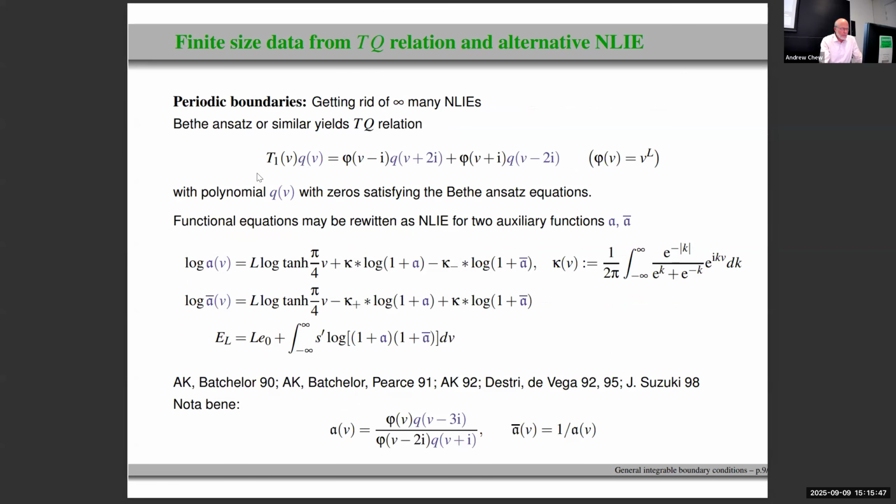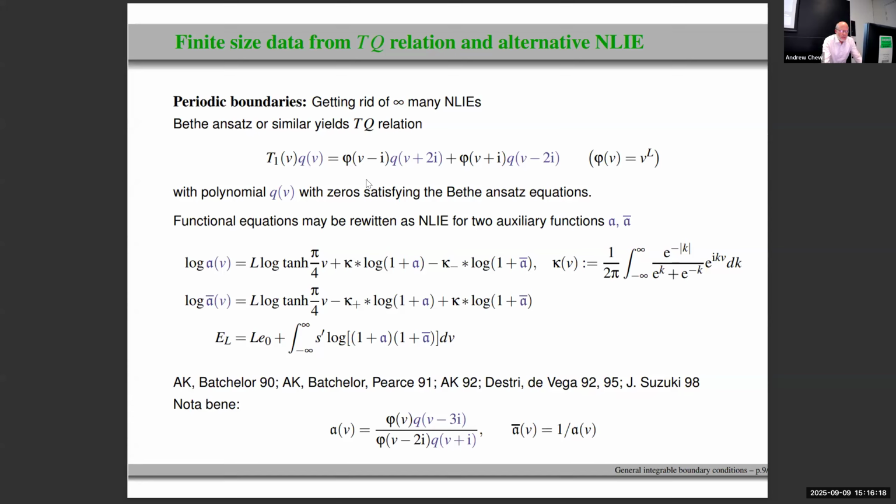Anyway, still we do, for the periodic boundary case, different things with it. So the TQ relation is: transfer matrix times Q of v, a polynomial in the isotropic case, is equal to some simple function, actually the argument to the power L, the system size, times Q at a shifted argument, plus another phi, a simple function at argument v plus i, times Q of v minus 2i.